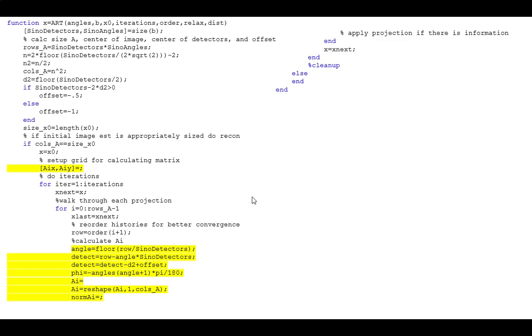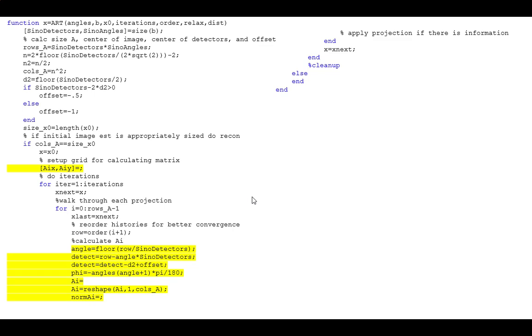When I want the number of detectors, once I know this, let's say I was here. So I would have calculated a 1. 1 times number of detectors removes that full row just before it. And so when I take my actual position minus the angle number times the number of detectors, that gives me this offset value.